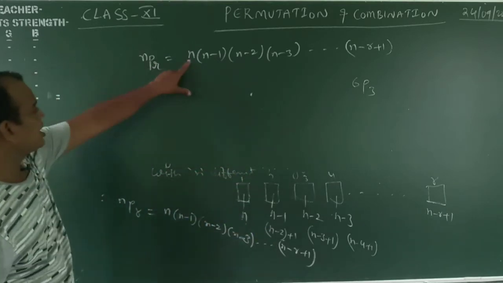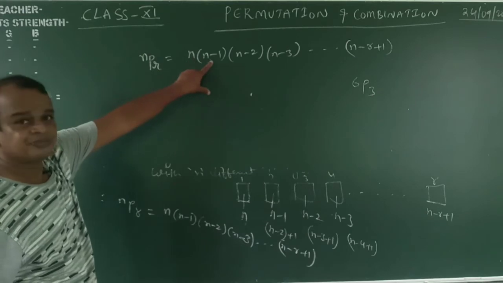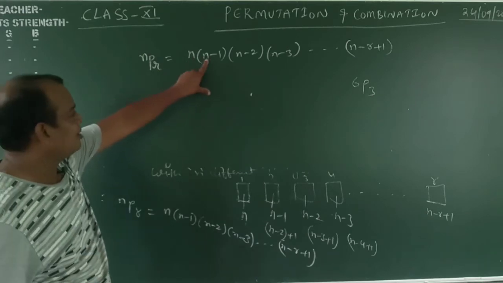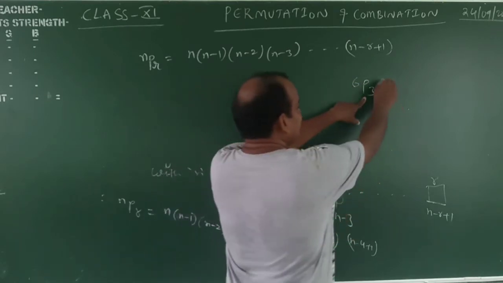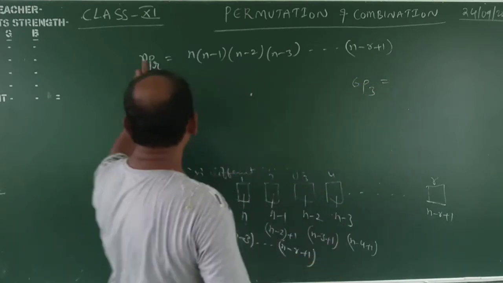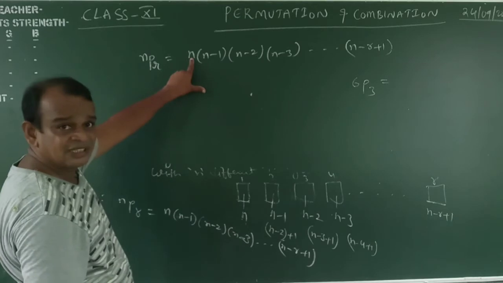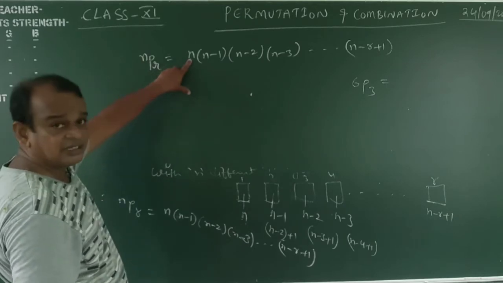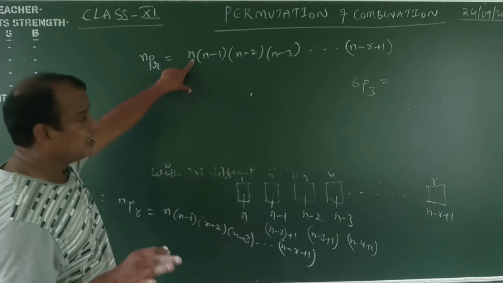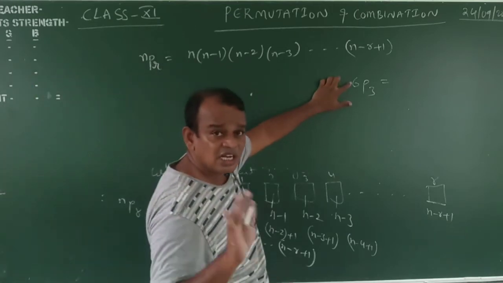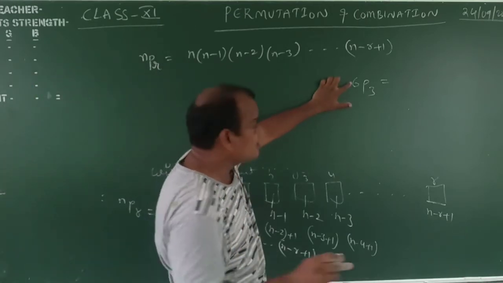NPR means first here write N, decreasing. N minus 1, N minus 2, and so on, last N minus R plus 1. Say yes, sir. 6p3 means, tell me. Here NPR means starting with N or not? NPR means 100% starting with N. No doubt at all. Here 6p3 must start with 6.